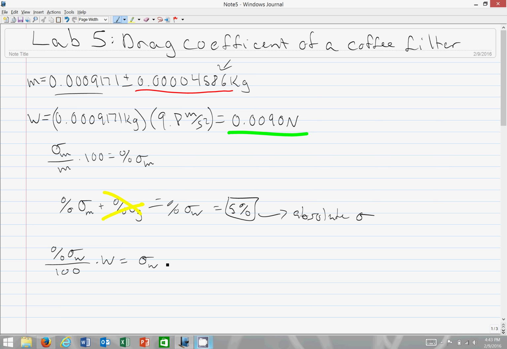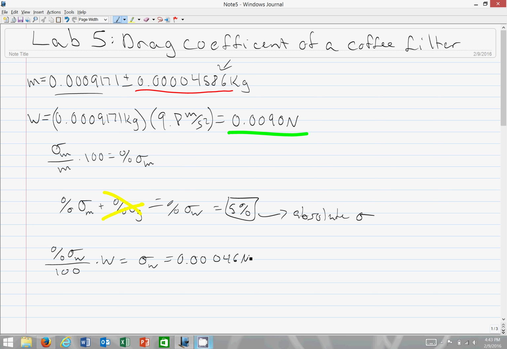I find that number is approximately 0.00046 newtons. Your number may vary depending on what you get.